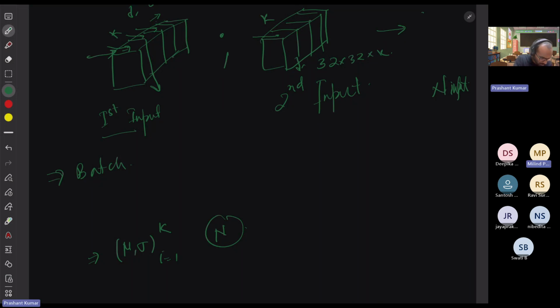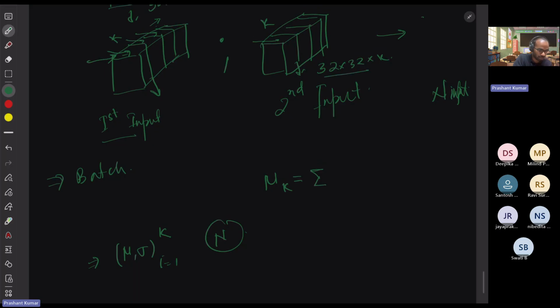So here mu k will look like a sum over, let me write this 32 cross 32 as W cross B.